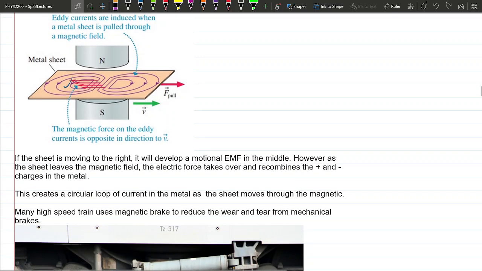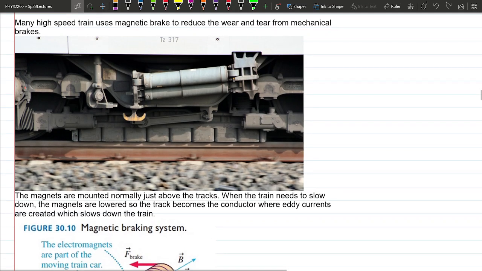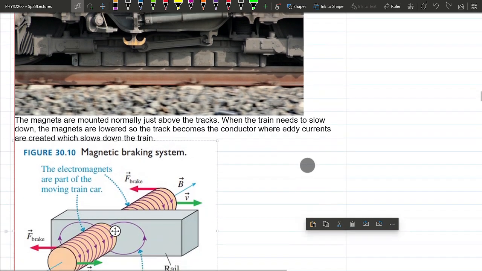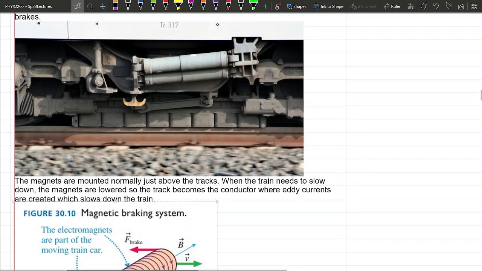And we actually have a little demo for this. These are known as magnetic braking systems, and this is typical on trains because the neat thing about a train is there's already a piece of metal on there, okay?